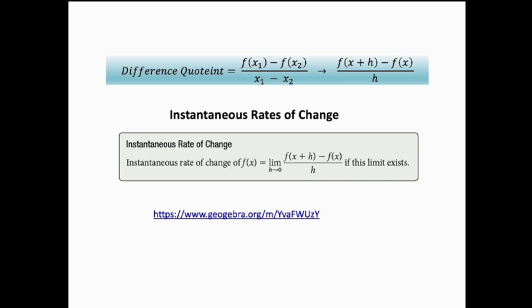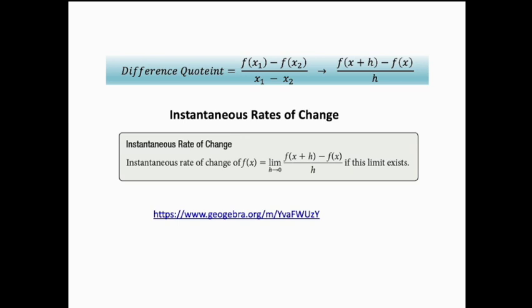So now we're going to get into the instantaneous rate of change. Up to this point in this lesson, we've talked about the average rate of change, and we showed how there are two different formats that we can write the difference quotient.